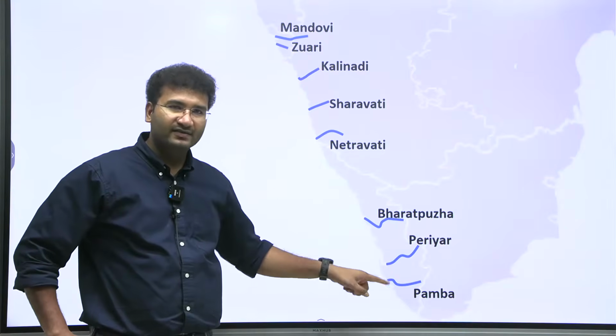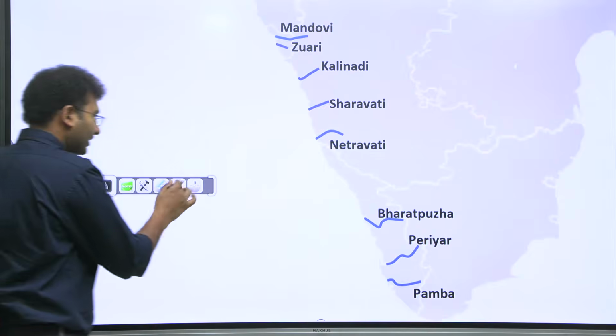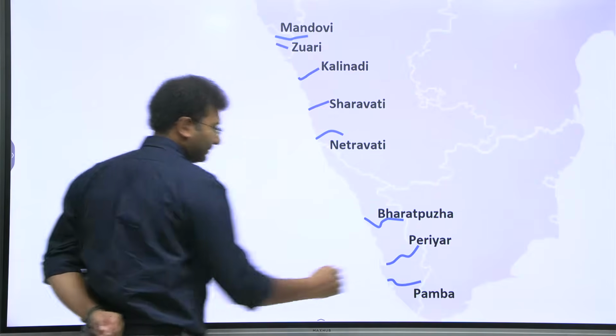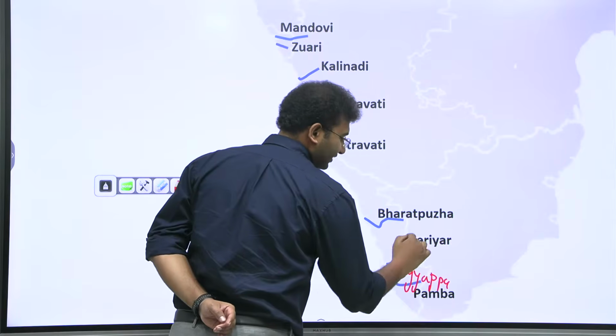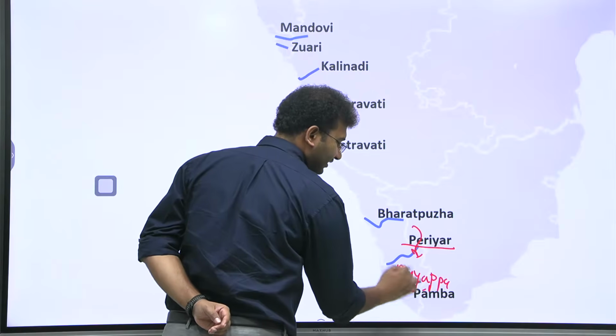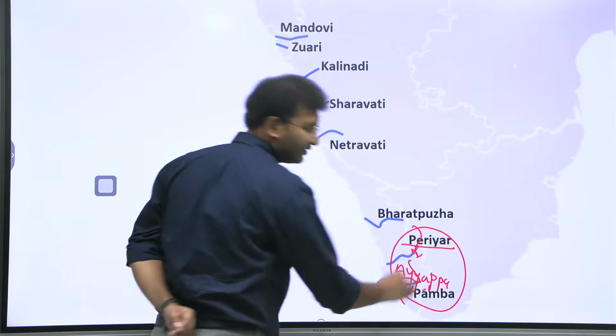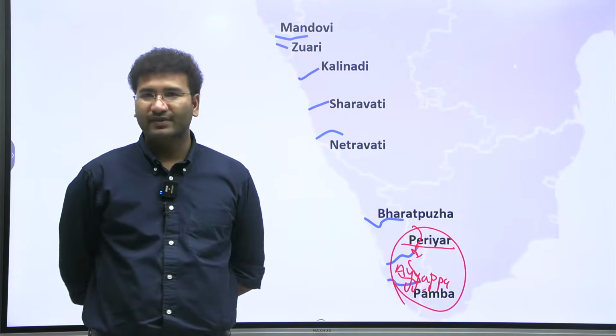Periyar Tiger Reserve and Pamba. You might have heard about Ayyappa Mala. They have to cross through this Periyar Tiger Reserve and the Pamba River drains into this area, right? The mythological stories also tell you a lot about Pamba.